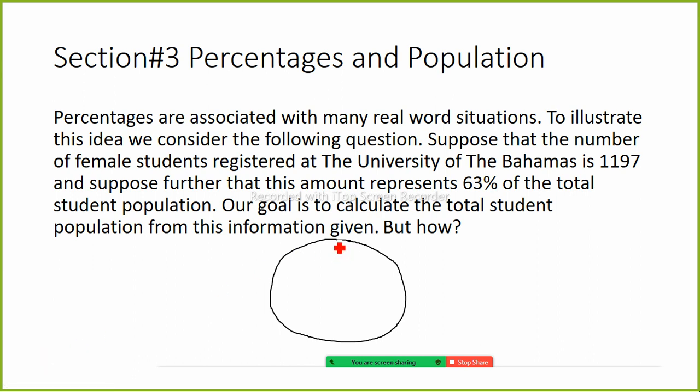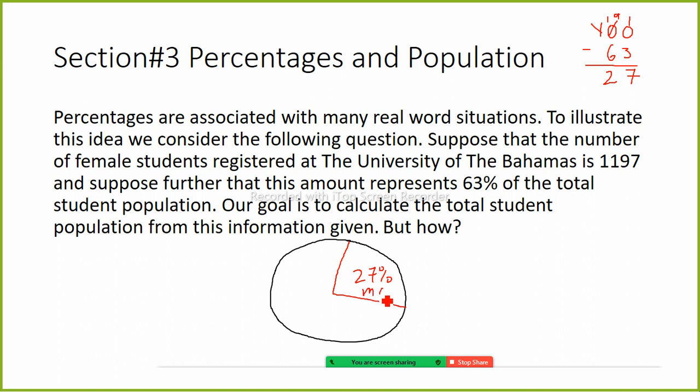Half is straight down the middle, and 63% is going to be more than half. So let's say it's something like that. We know that 100 minus 63 is how much? That's 10, that's 9, that's 7, that's 2, so 27%. So 27% here is your males.